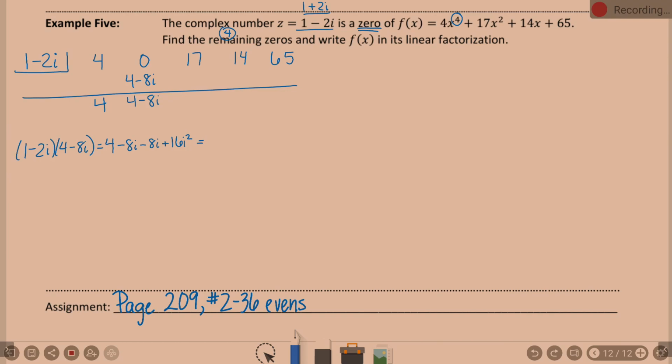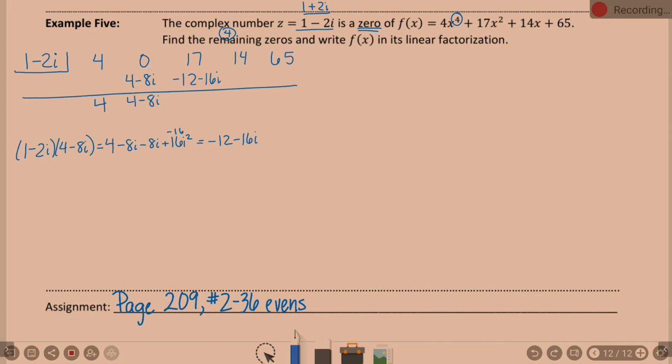Whoa, 4 minus 16. Why is it minus 16? Because it's a plus 16i squared. That becomes minus 16. 4 minus 16 is negative 12, minus 16i. Okay, so where does that go? Under 17.